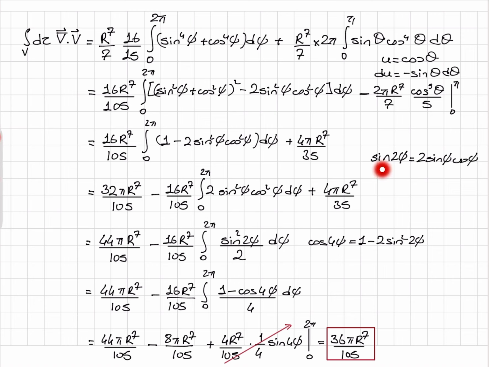So sine square 2 phi is 4 sine square phi cosine square phi. Therefore, this is sine square 2 phi over 2. And then I have used cosine 4 phi is equal to 1 minus 2 sine square 2 phi in order to solve this integral. And I finally obtain 36 pi r to 7 divided by 105.